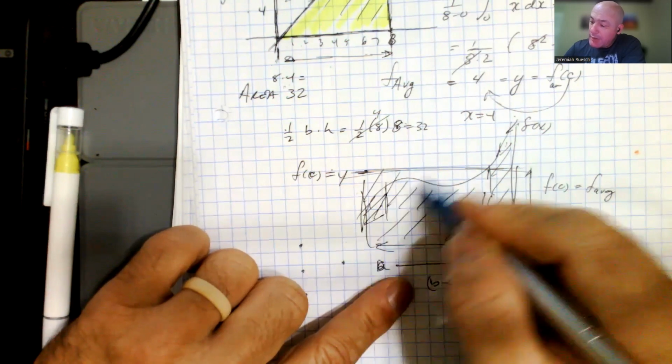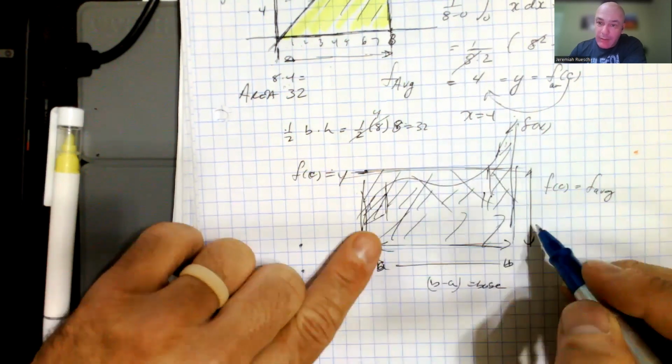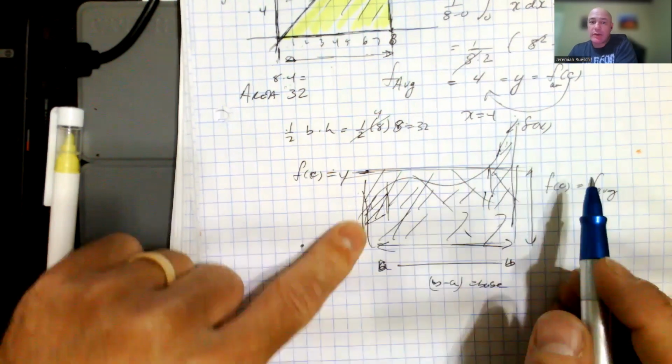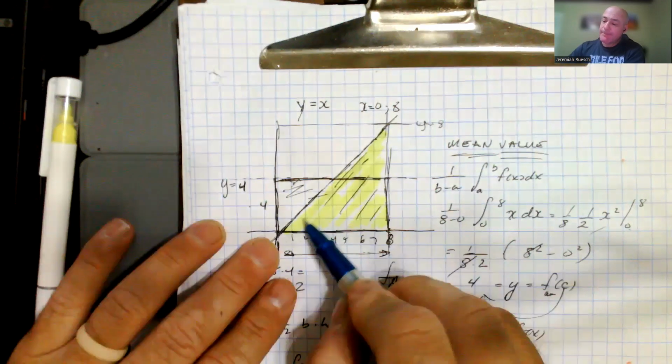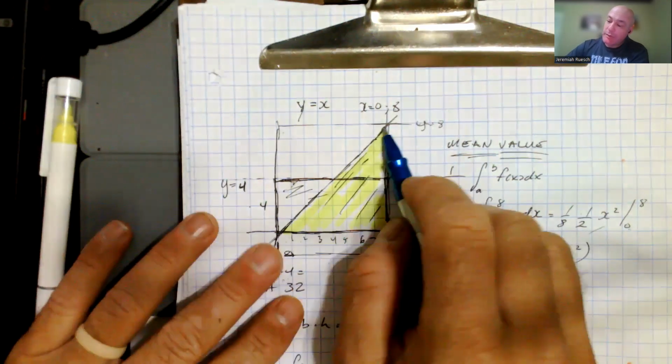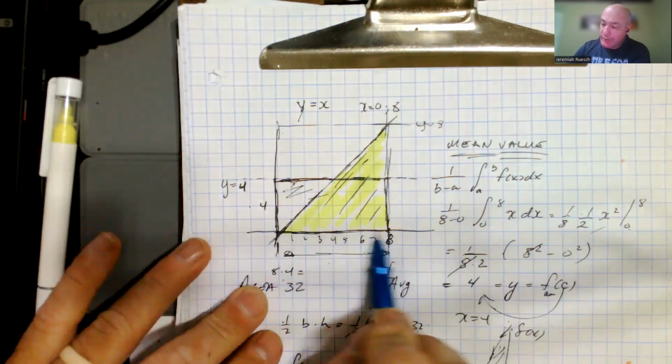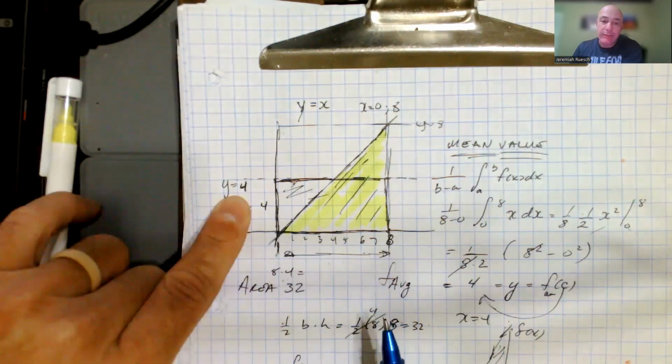So this other rectangle is the equivalent area of the area of the bounded function. And that's what we found here with a similar geometry. So we have a triangle, and the total area bounded in this triangle is equal to the area of this rectangle with a height of 4.